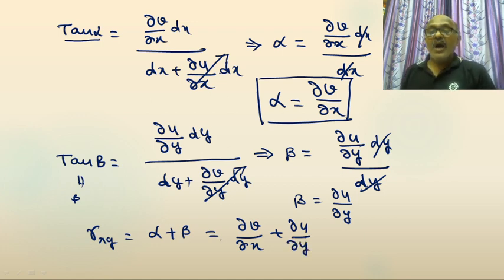So how to remember this formula? That is very important. Now we are finding the shear strain in the xy plane. Write down, x direction displacement is u, y direction displacement is v. Yes or no?